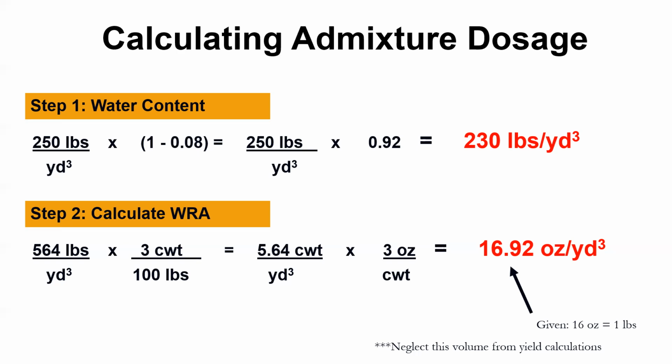So we don't typically incorporate that into the yield calculation. You can, you're more than welcome to. It's just in the field, it's not as common to incorporate it. If you get very precise, you're more than welcome to. With accelerators, we'll go through that on another day.